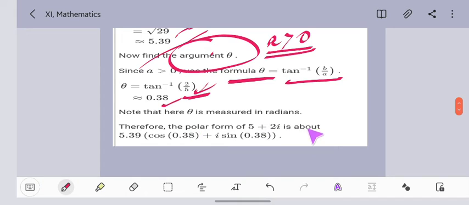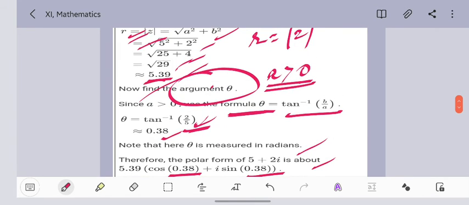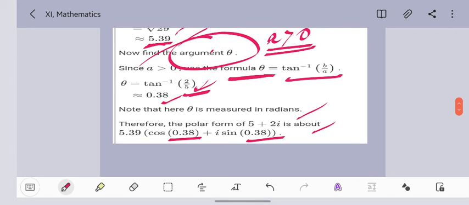Okay, so theta is measured in radians. Therefore, the polar form of 5 plus 2i is about 5.39(cos 0.38 plus i sin 0.38), where 0.38 is the value of theta, near about, and r you got as the approximate value 5.39. So this is how it is done.